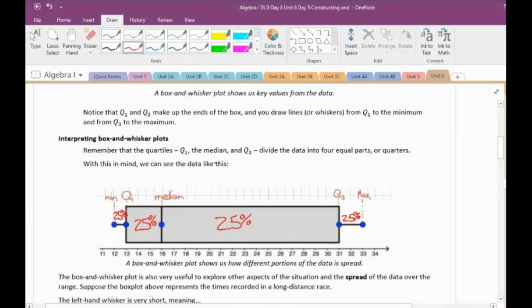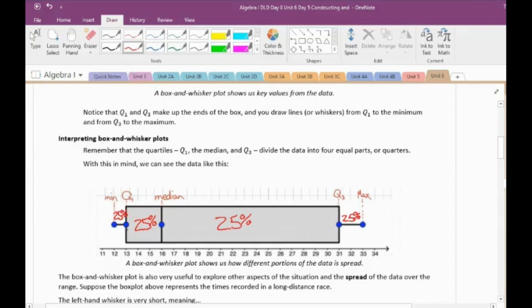Okay, so I know we had the data given originally up at the top, but let's assume that we didn't see that before. If I knew that there were, let's say, just to be easy, 40 items of data in all, there would be 10 data points that would be between 12 and 13.